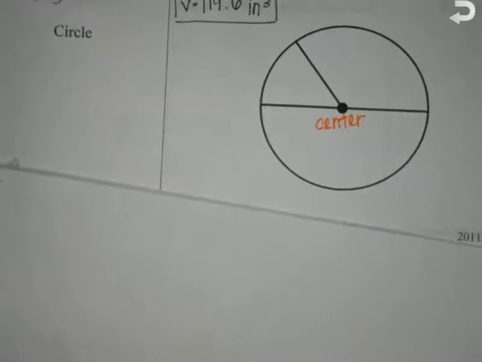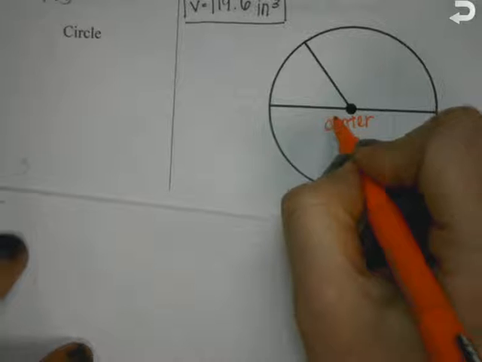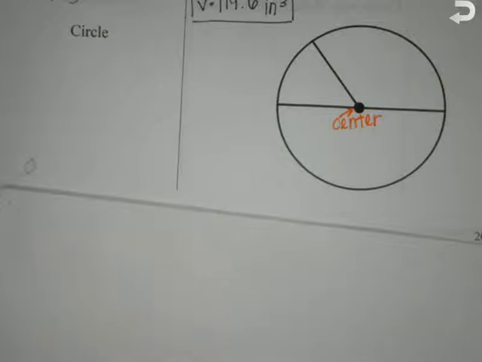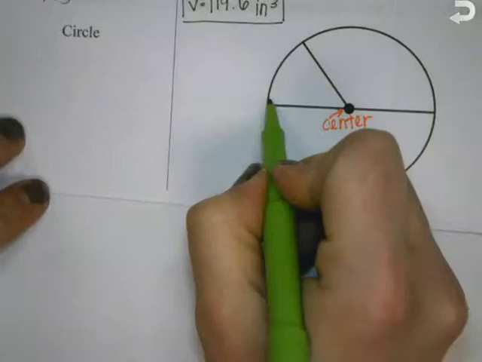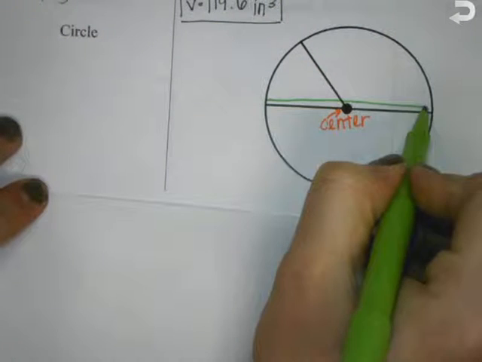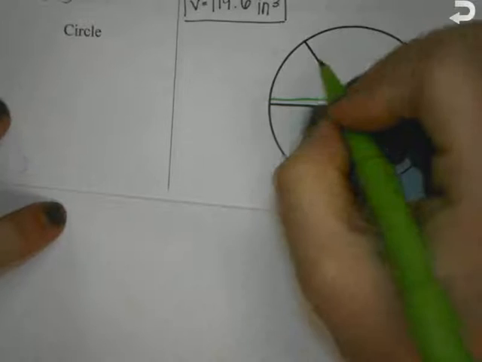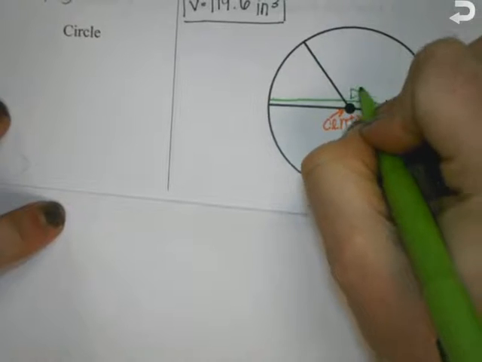Okay, some of you already know the parts of a circle. What is this long line right here that goes all the way from edge to edge? Diameter. Good. Okay. Half of the diameter is called the what? Good, the radius.